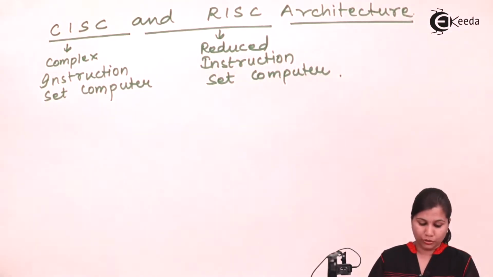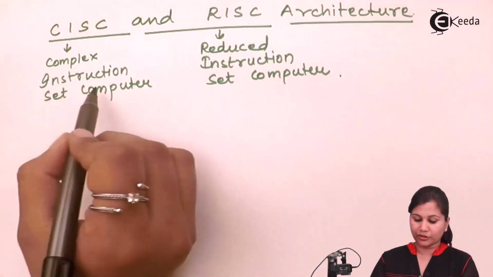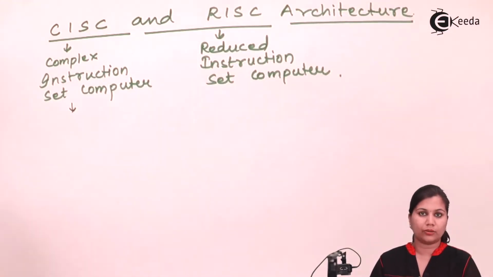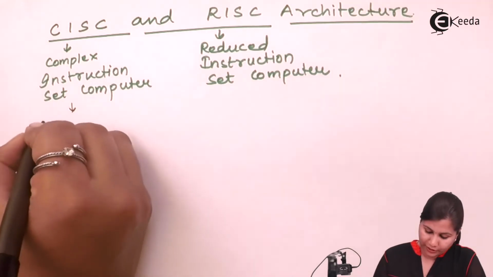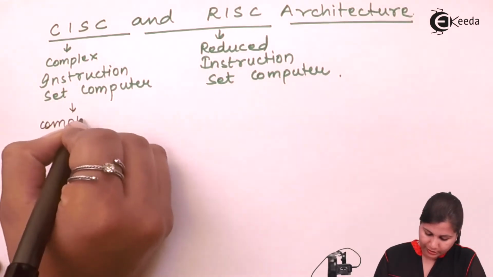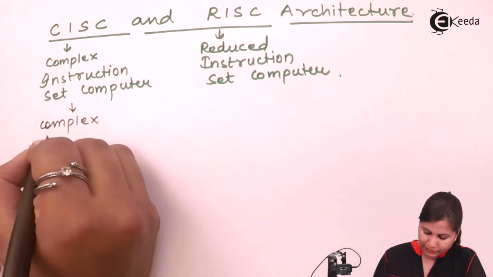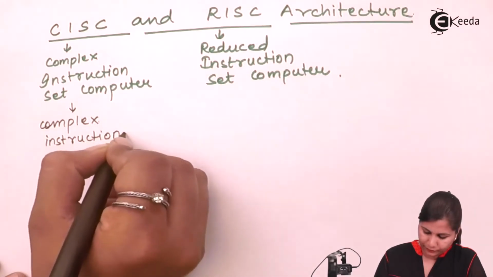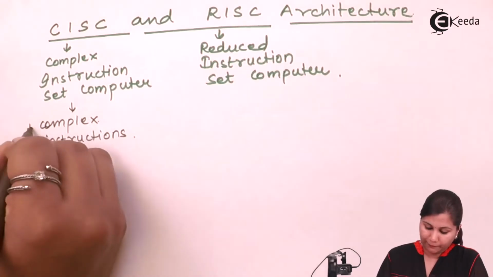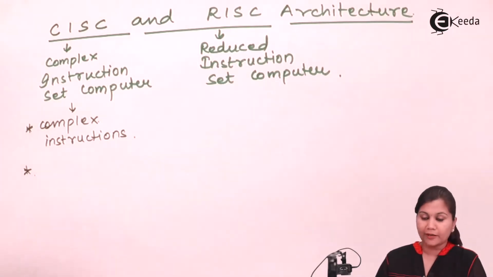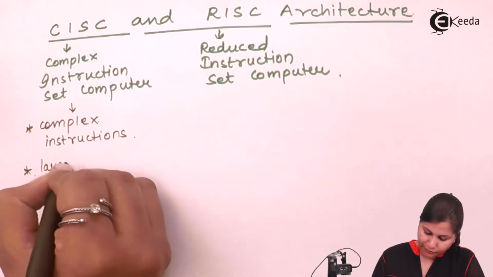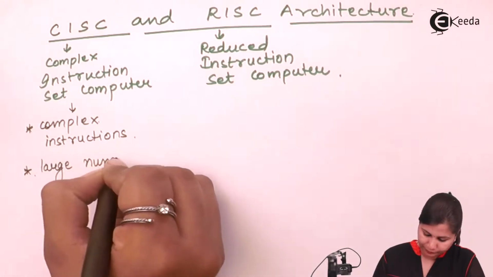In the complex instruction set computer, the instructions available in the instruction set are complex. Also, the number of instructions present will be more, so we can say that a large number of instructions are there.